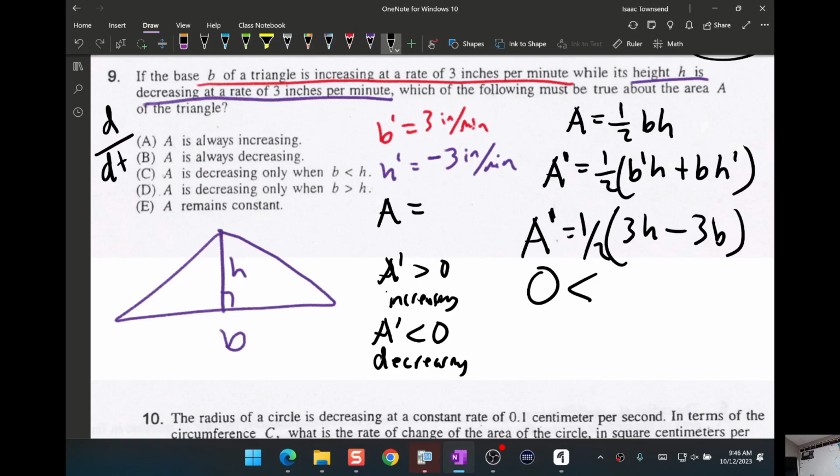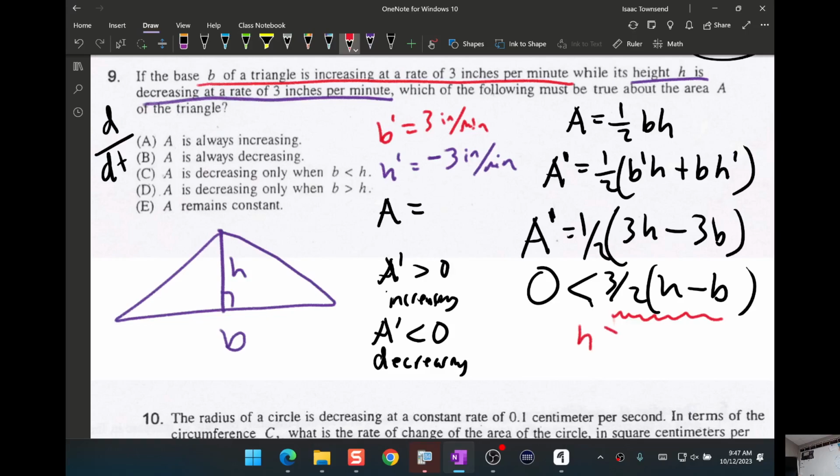And so I start thinking about this. 1/2 is always 1/2, and a positive times a positive is going to be positive. So here, I guess I could factor out the 3 too. That might make it a little easier to see. But what you ultimately need to investigate is that this guy's going to be positive only if his height is bigger than his base. Because if this number is bigger than this number, it's going to be decreasing.